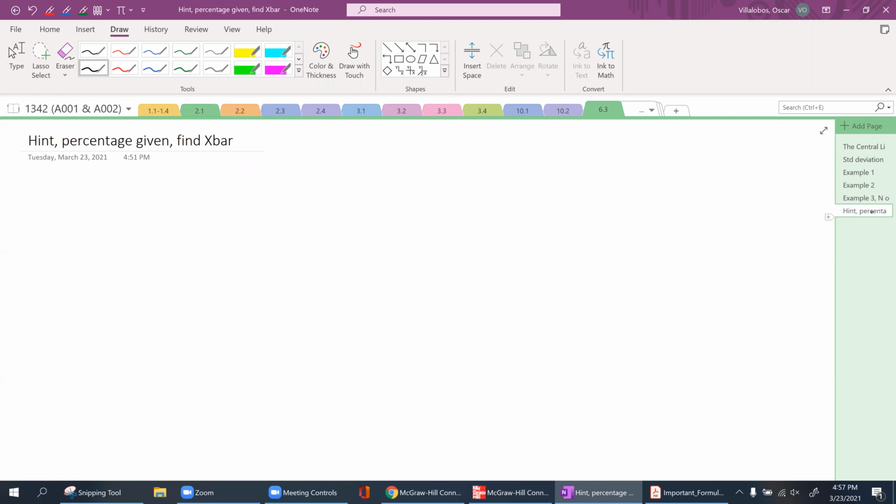On the previous 2 sections, I had a problem where you were given percentages. Remember on the previous problem, I gave you the p-value. You then have to find the z-value that corresponds to those endpoints.